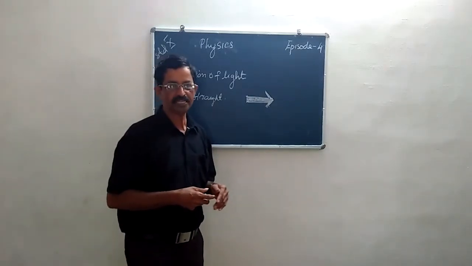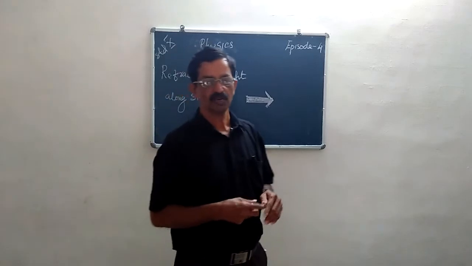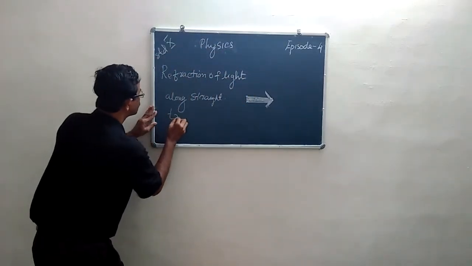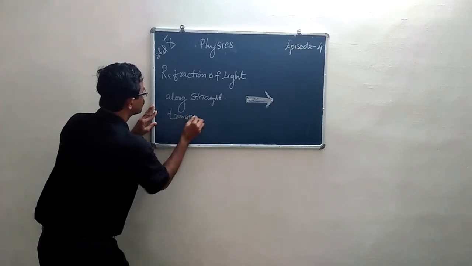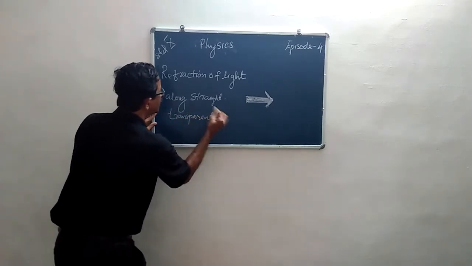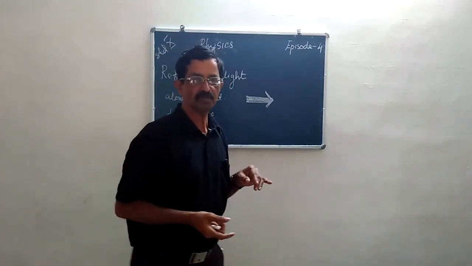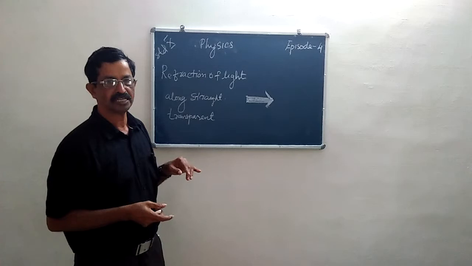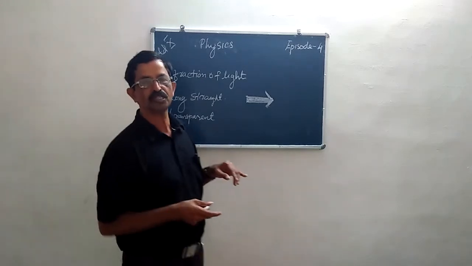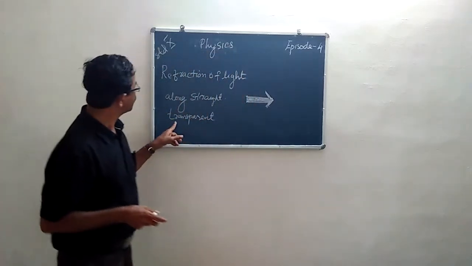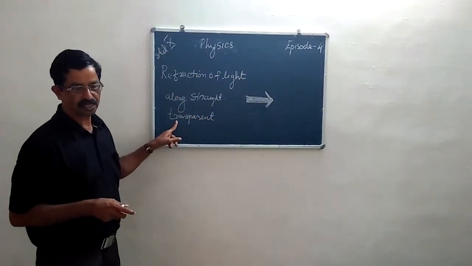Now, when light travels from one transparent medium to another, that means from the first medium to the second, does it also travel in a straight line or not?